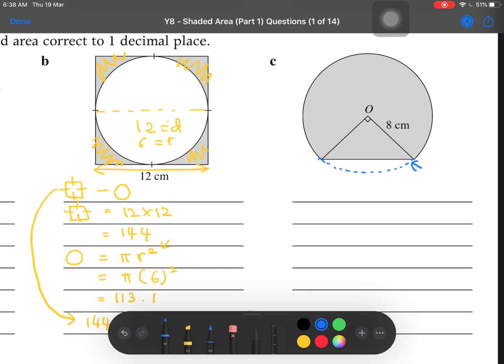So now we have to first see this shape as two separate parts. Part 1 is the sector. This is part 1, and we call it part A. And part B is the triangle.